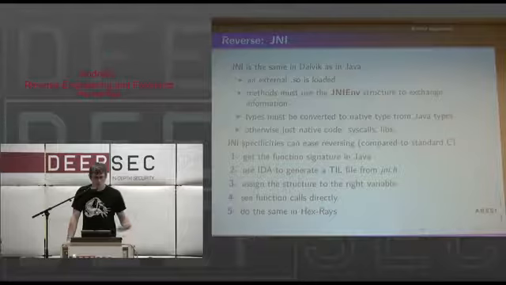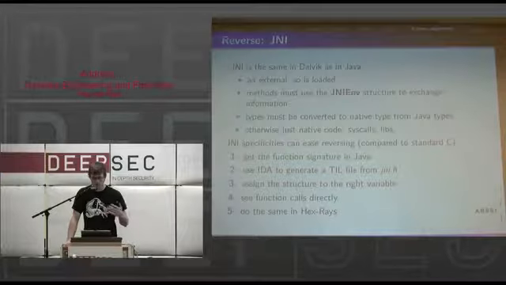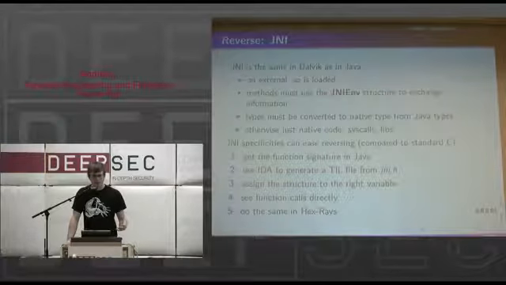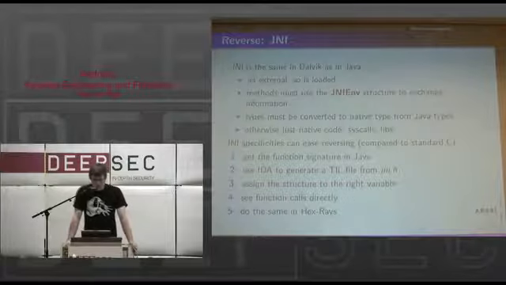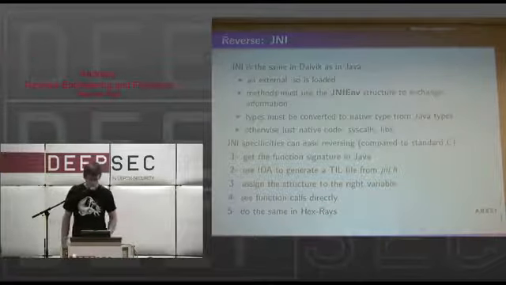Those methods themselves can exchange information with Java, call methods and everything. And they use a structure called the JNI environment to interface with the main Java code. Otherwise, it's just syscall libraries. You can do everything native code can do.